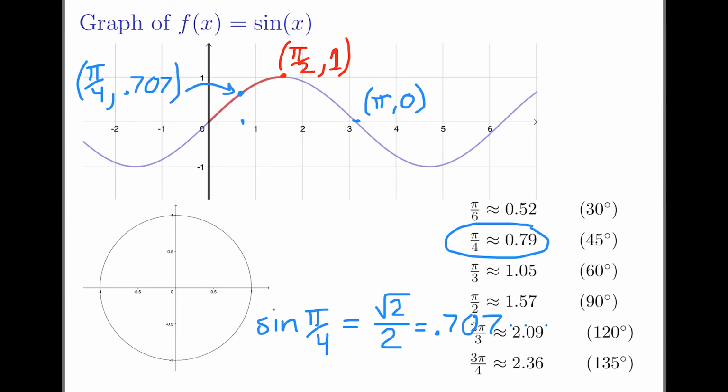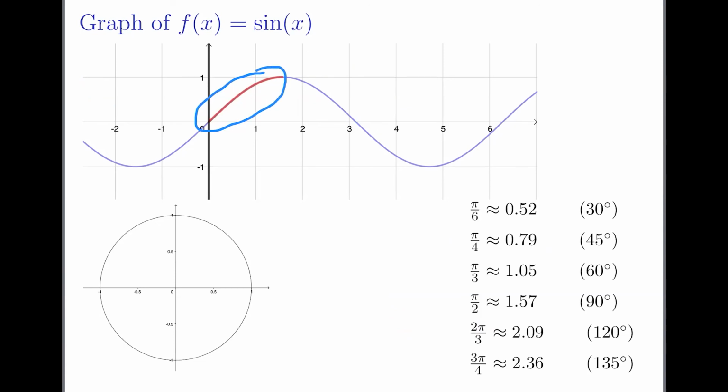And we're doing this for all sorts of different angles. And what's important to realize is that this red part of the graph is really the part where the angles that we're looking at are between 0 and 90 degrees. But all the rest of this graph is what comes from looking at angles that are bigger than 90 degrees, less than 0.